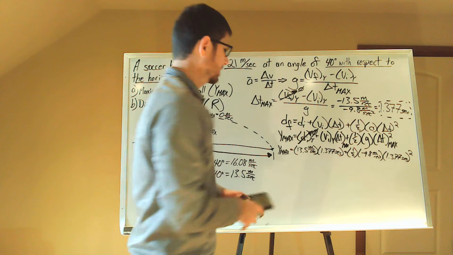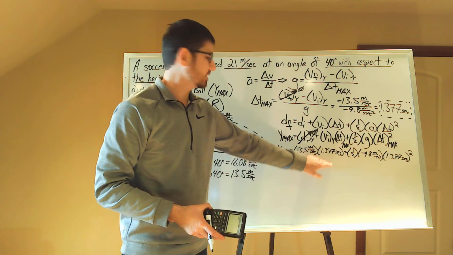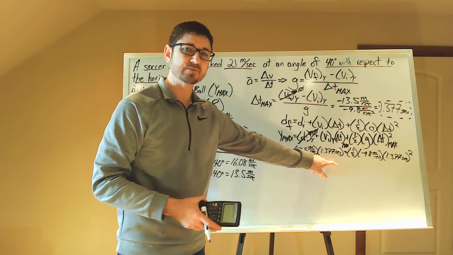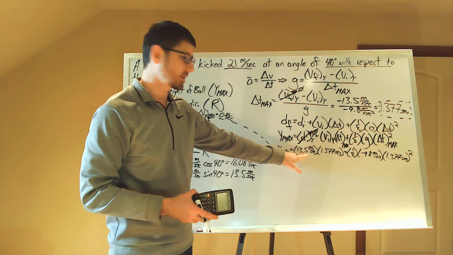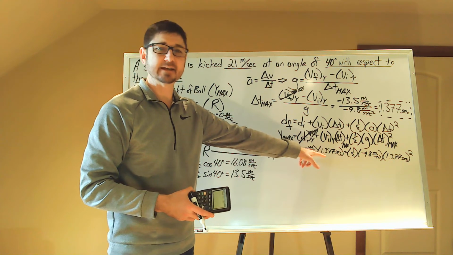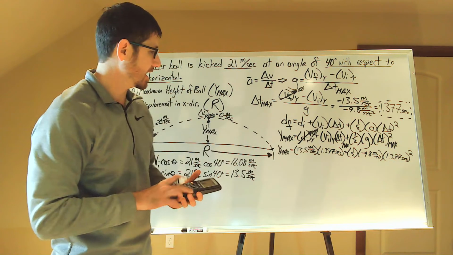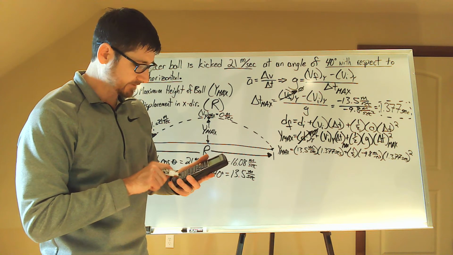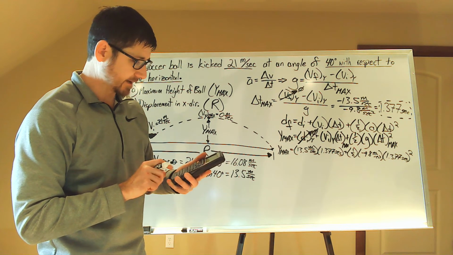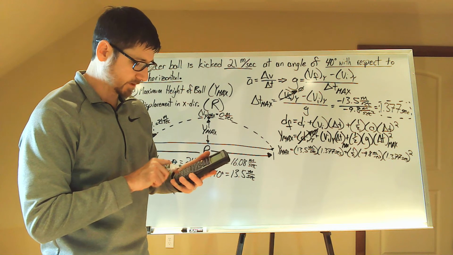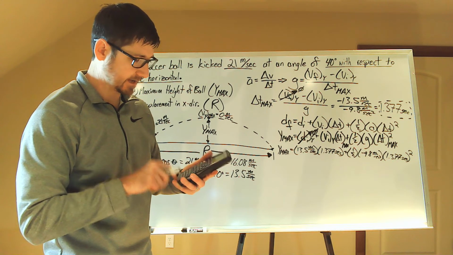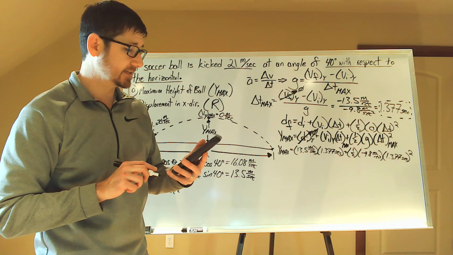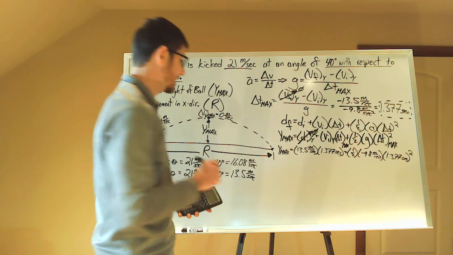Okay, so let's go ahead and get out your calculator. Let's take the product of these two values here, so initial velocity in the y direction and the time to maximum height. So I have 13.5 meters per second times 1.377 seconds. This gives me 18.59.